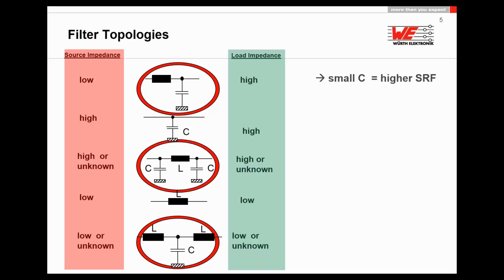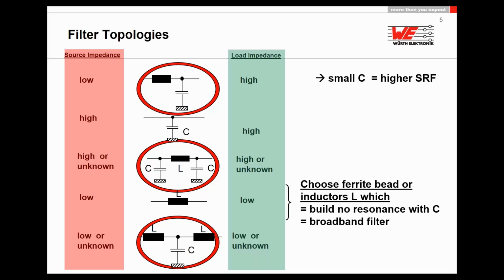For the capacitor, I recommend to use small capacitor values, maximum 1 microfarad. Nanofarads are much better, but always if you use an inductance for the LC filter, please check the inductance Q factor value. You should have an inductance with low Q factor because you want to filter, not to store energy.